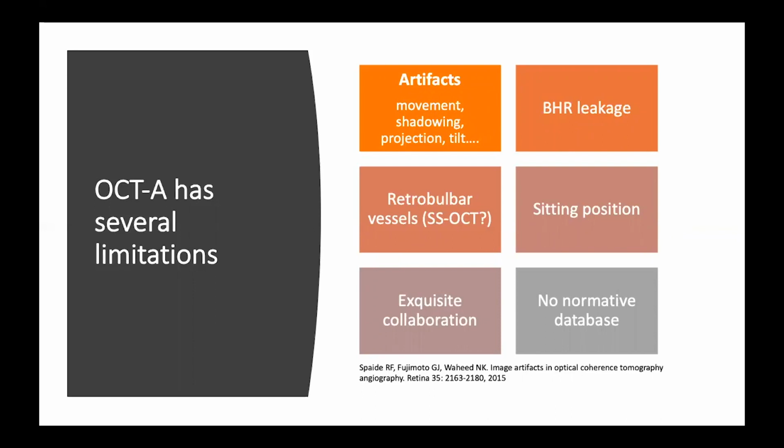Also in terms of other diseases, like for example AMD, it's not able to detect leakage as well as angiography, maybe. Also, we will see with new technologies that go deeper in the nerve, but with the current technology, we cannot see very well retrolaminar vessels, so we don't know if only the superficial vessels are involved or maybe the more profound vessels are involved as well.